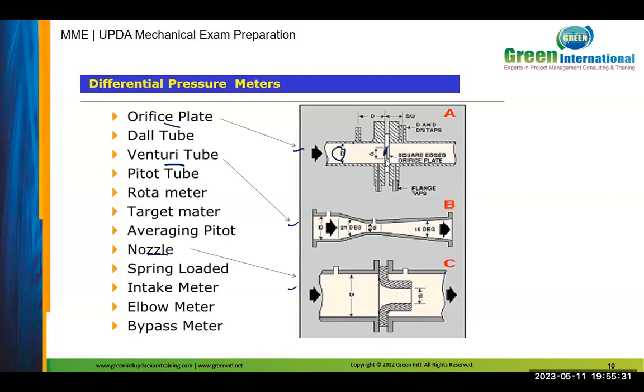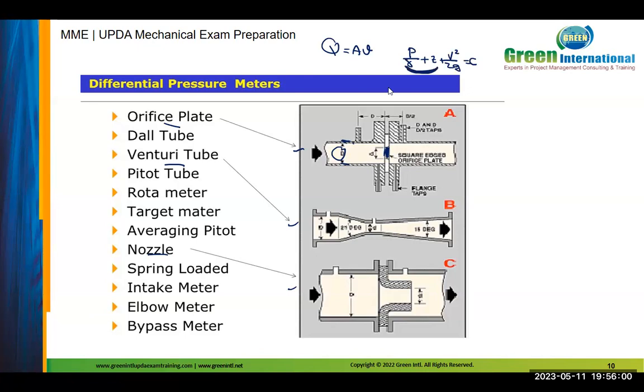So what is the idea? You have two relations here, one for continuity and one for Bernoulli. Continuity says Q equals AV. Bernoulli says P over gamma plus Z plus V squared over 2g equals a constant. This means we have a function between the static pressure, which you can read from the experiment, and the dynamic part.